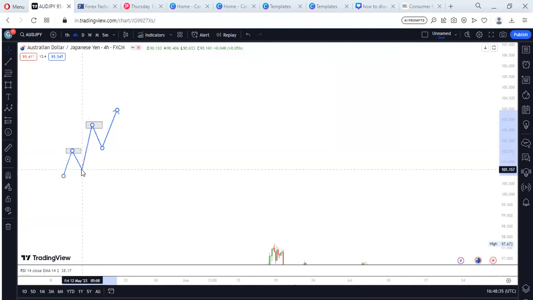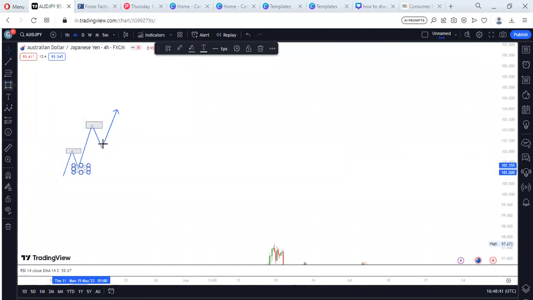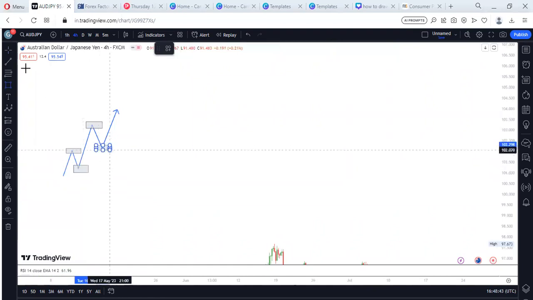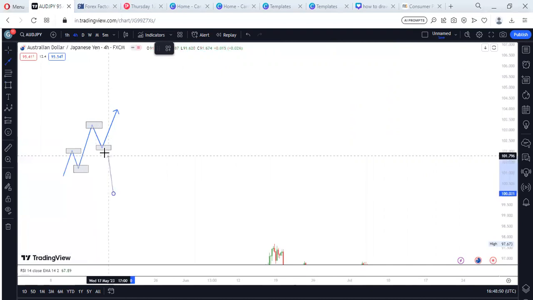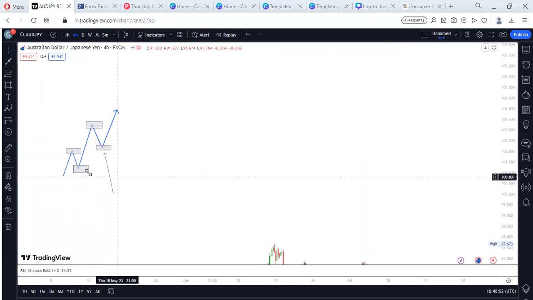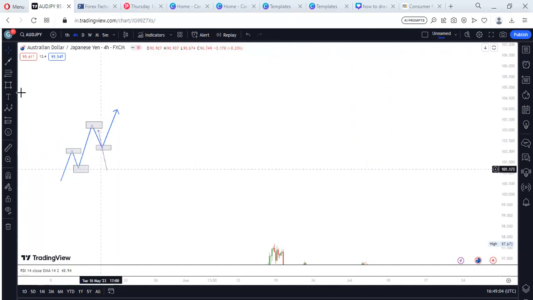Right here is a low, and this high right here is higher than this high, so we call it a higher low. And this right here is a higher high. So this is for an uptrend.